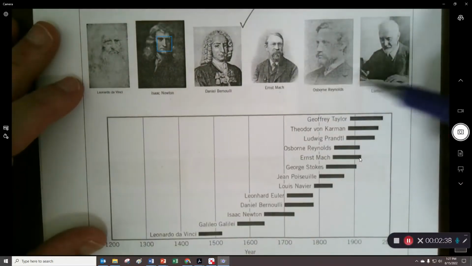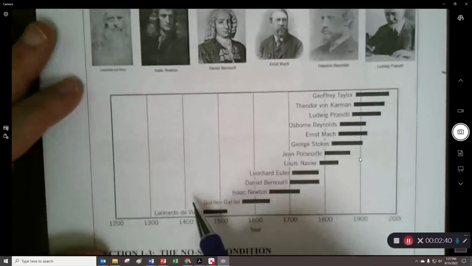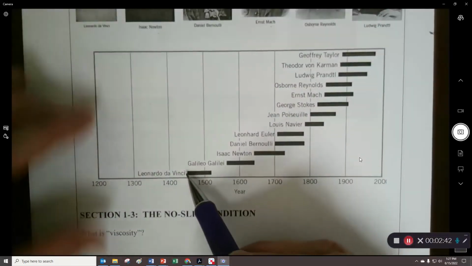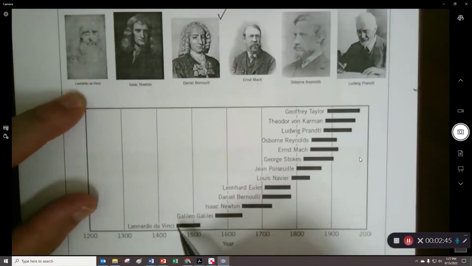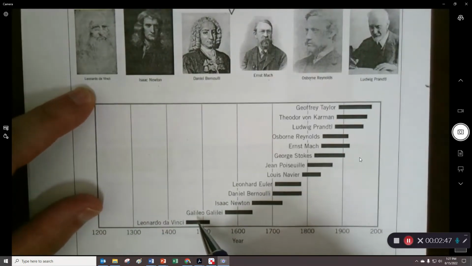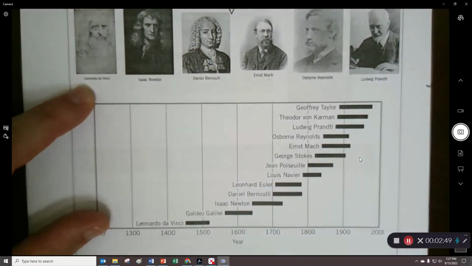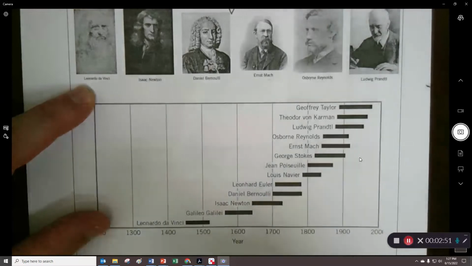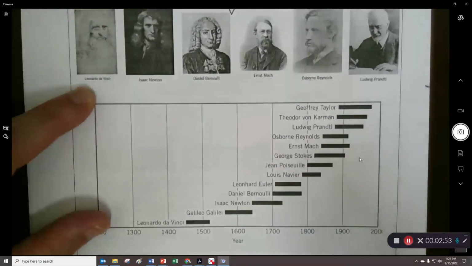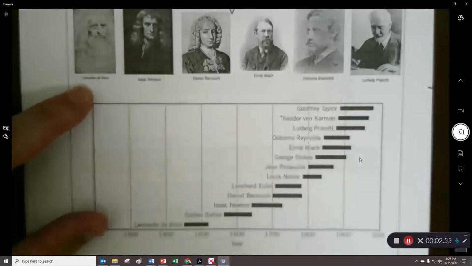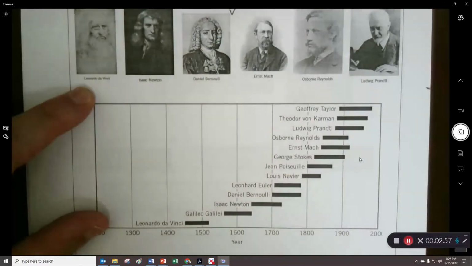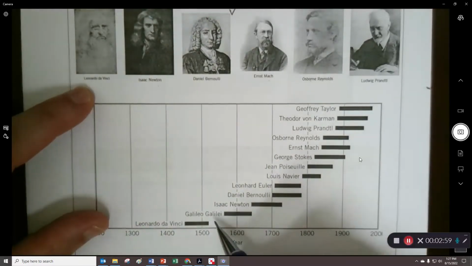Anyway, Reynolds numbers are really important. Just looking through some of this timeline, what Da Vinci contributed is he did a lot of his initial sketches. He studied fluid flow phenomena, made little sketches and drawings of it, and started to pick it apart, thinking deeply about how that works.